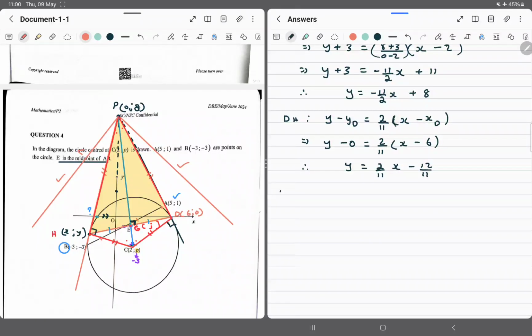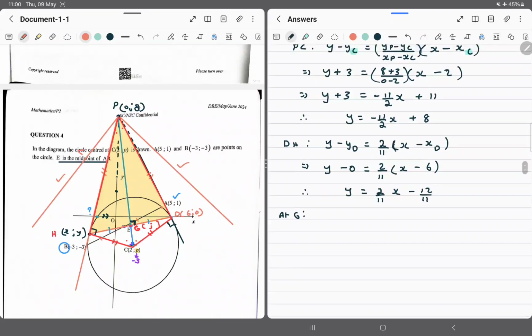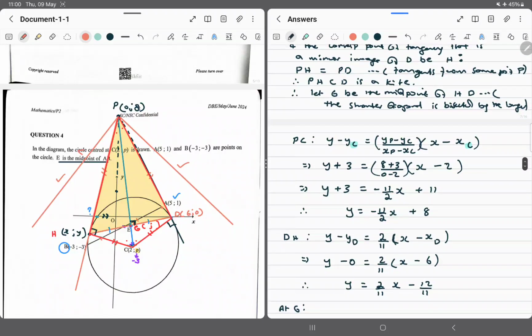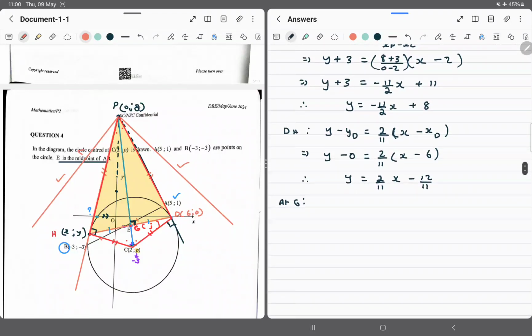So we can say now at G, we know that these equations are equal. So I'm not even going to start saying a lot of things. So I know here that minus 11/2 x plus 8 is equal to 2/11 x minus 12/11.